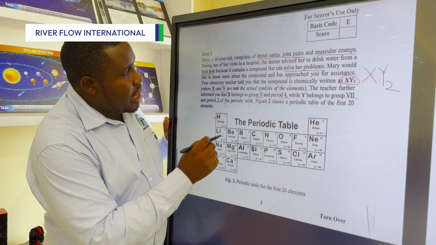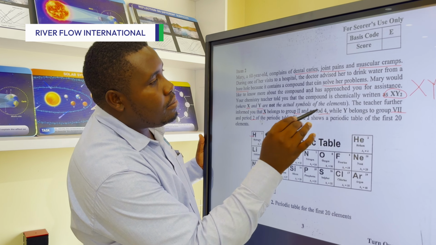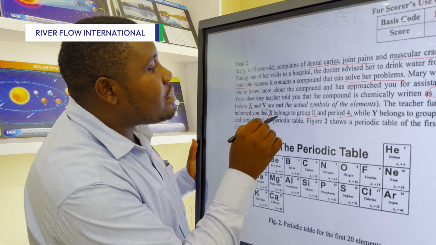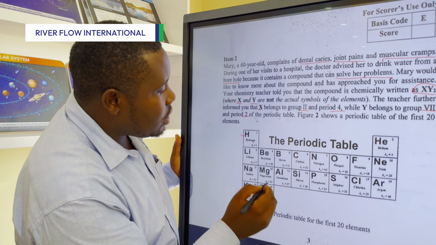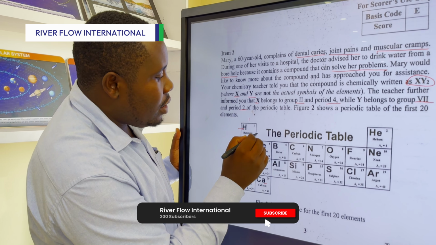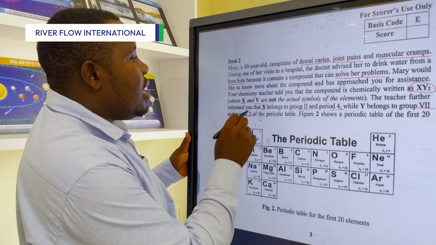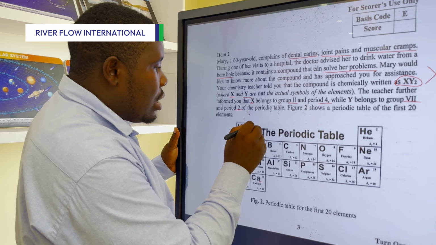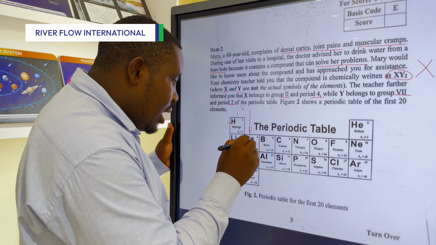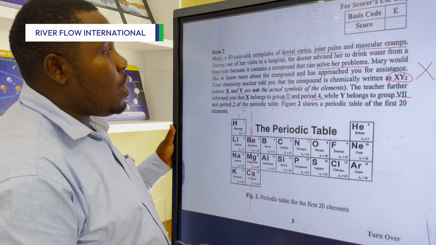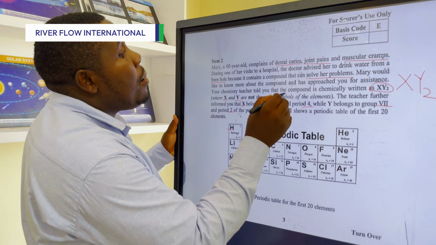They have said that the teacher further informed you that X belongs to group 2. So where is group 2? This is group 1. This is group 2. So what I can do to be able to identify, I can draw a line like this. Then they are saying, and period 4.